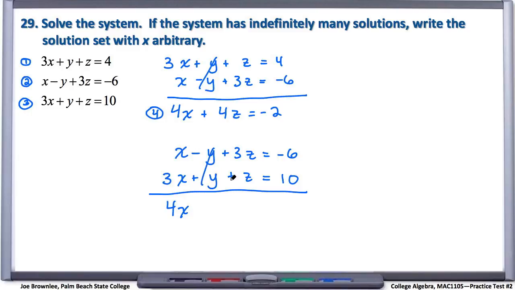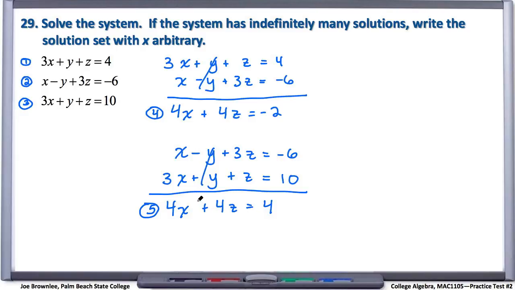Negative y plus y goes away. And 3z plus z is 4z. Negative 6 plus 10 is positive 4. And now that we've eliminated the y variable from equations 2 and 3, let's call this new equation equation 5.